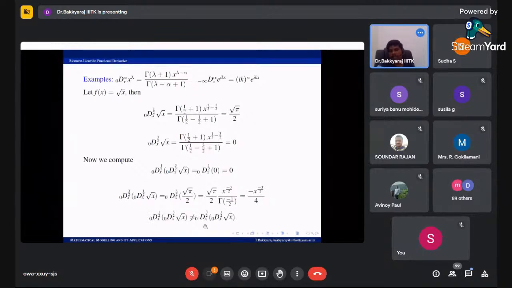You understand? And of course, they do not satisfy the semi-group property. That means D alpha D beta of f is not equal to D alpha plus beta of f. So the first derivative of root x is not the same as this one. The semi-group property is violated and the commutative property is gone.